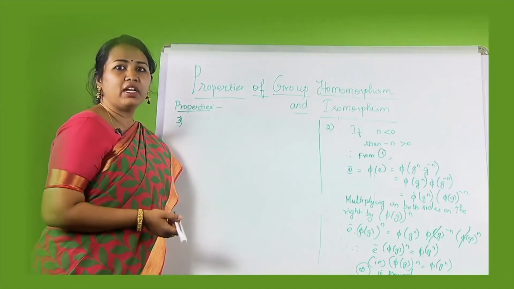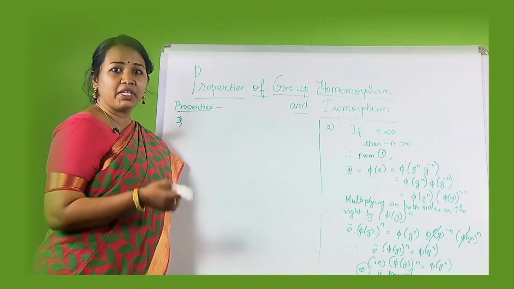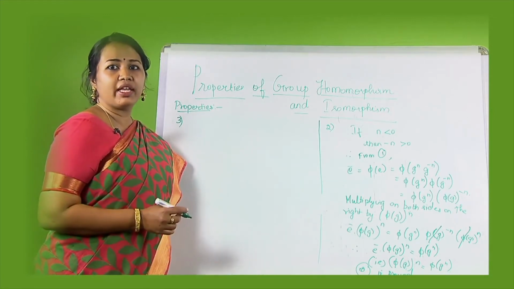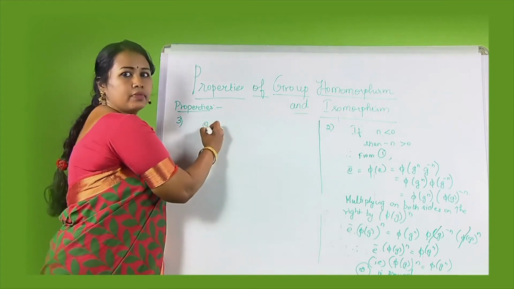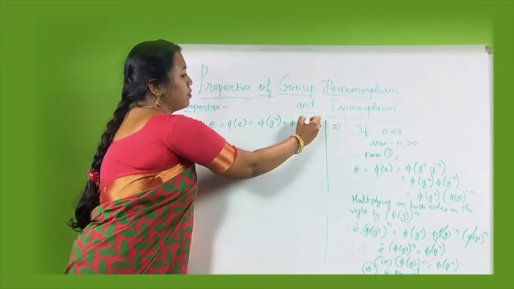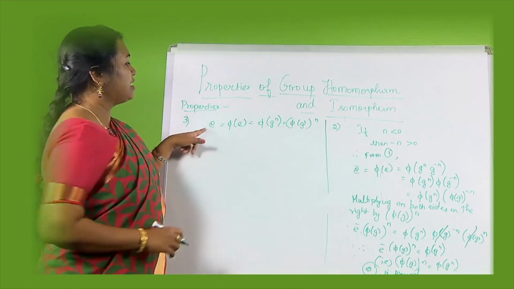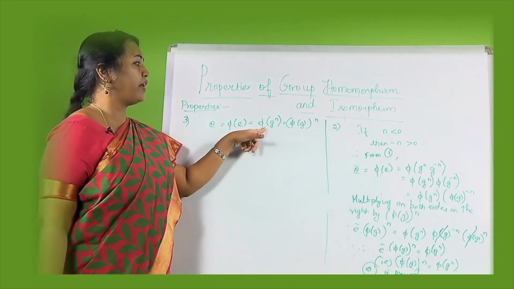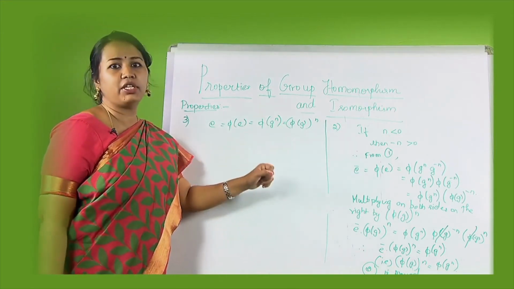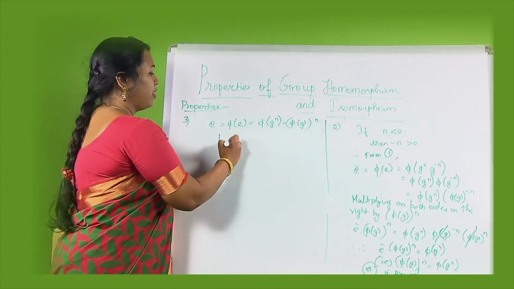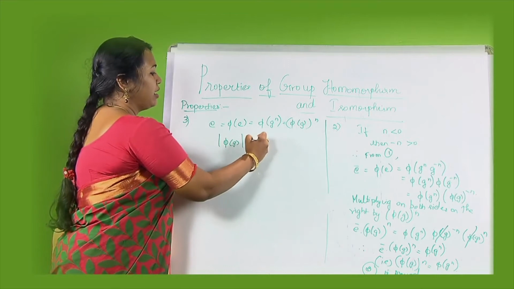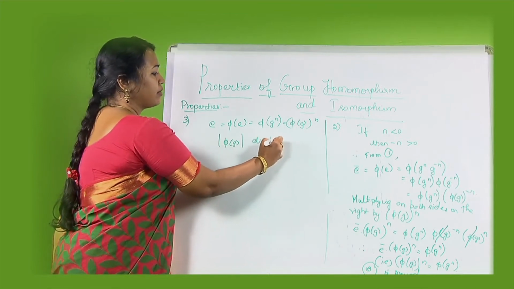To prove property number 3, notice that the properties 1 and 2 together with g power n is equal to e implies e bar is equal to phi of e equals phi of g power n equals phi of g the whole power n. So, by the previous result, we get that the order of phi of g divides n.